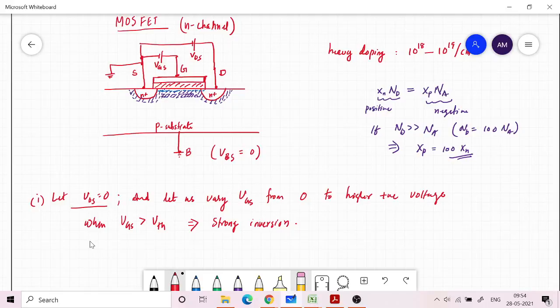You can always put the NMOS in either fashion, upside down, or as I have shown here, S, which I have defined on the left, so that should be the lower potential compared to the drain.